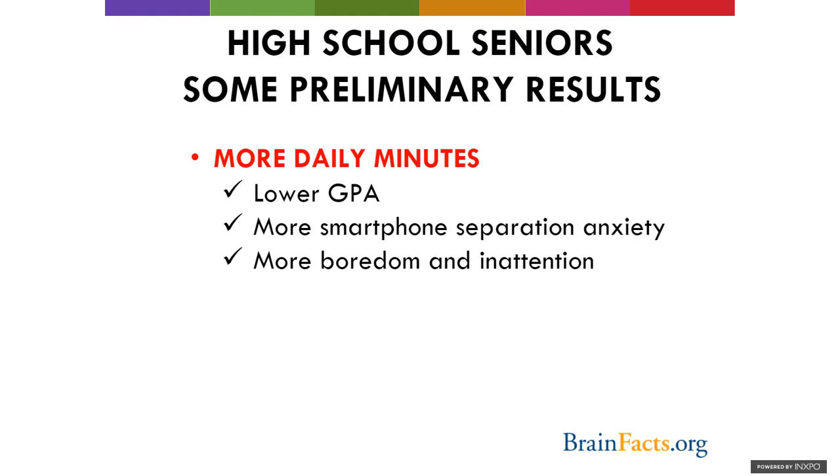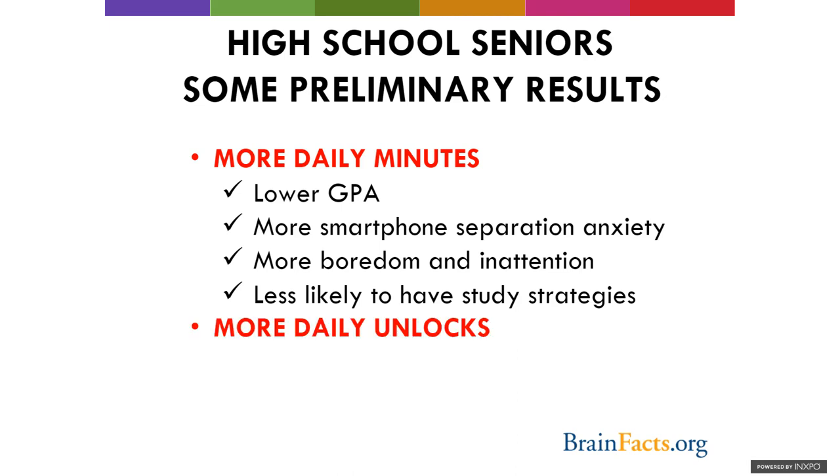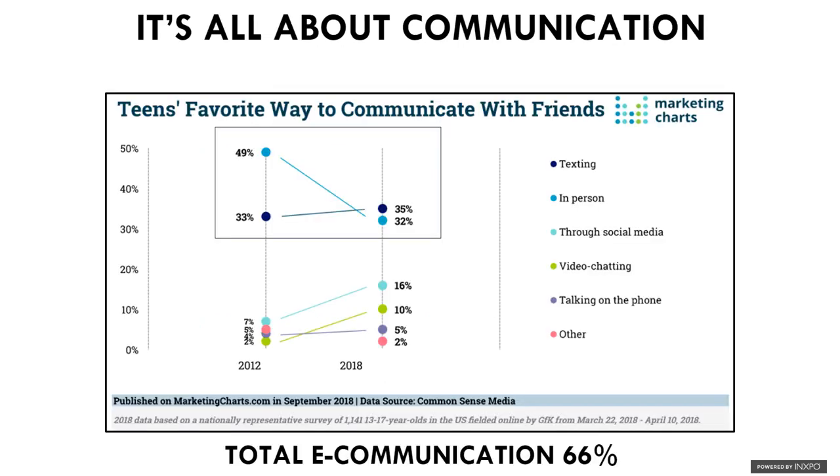They were more bored and inattentive both in and out of class, and they were less likely to have study strategies. So this is a group of people who are spending more time on their phone and are having problems on a lot of different levels. Also, interestingly enough, those who unlock their phone most often during the day showed more use of communication apps. That means social media, texting, email, phone, all of the above.